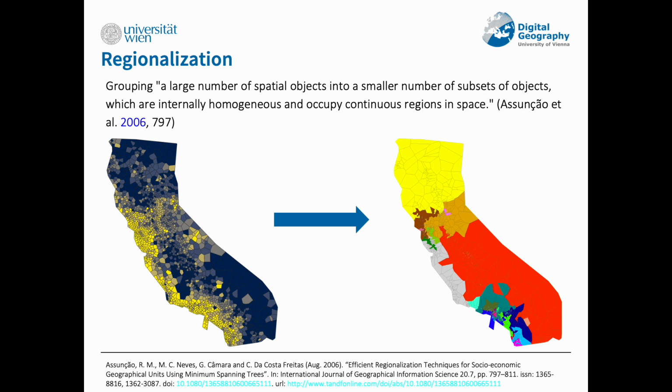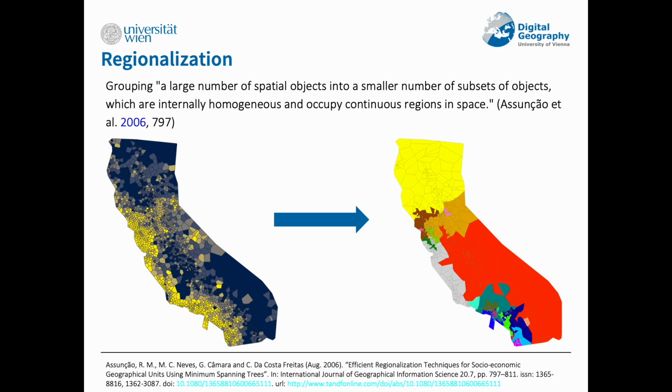Before diving into the RegRF method, it is useful to quickly explain what regionalization is. It describes the procedure of grouping a large number of spatial objects into a smaller number of subsets of objects which are internally homogeneous and occupy continuous regions in space.